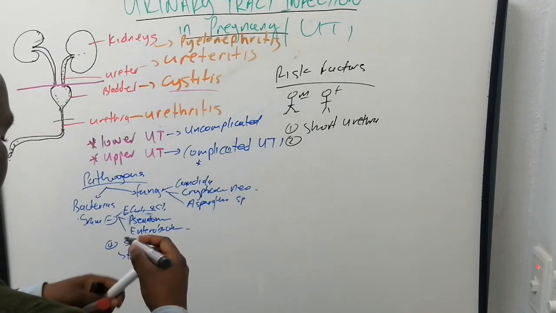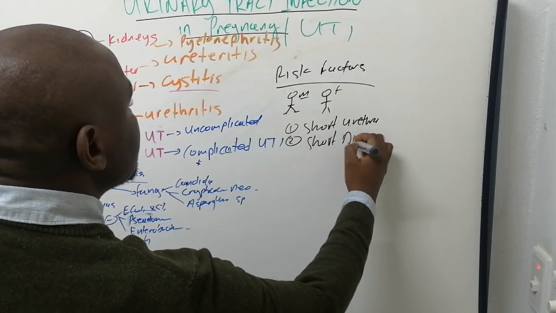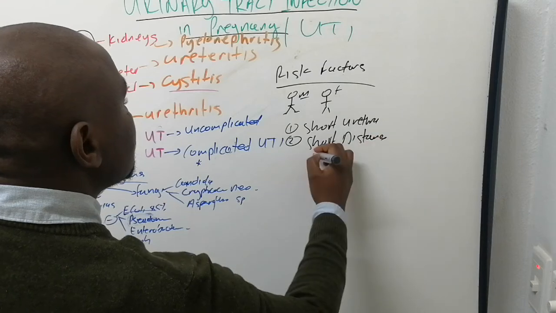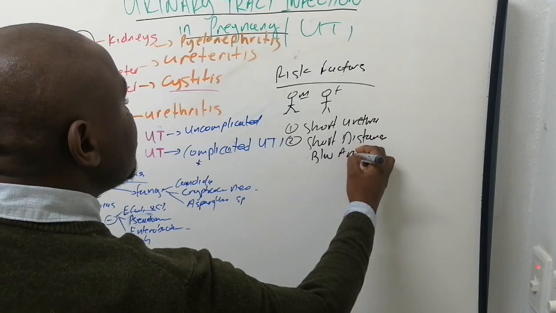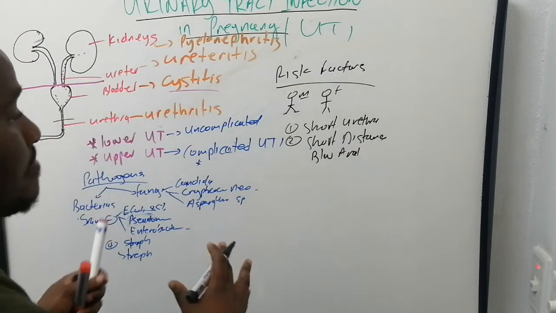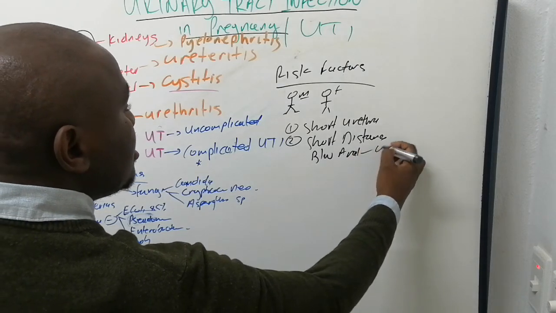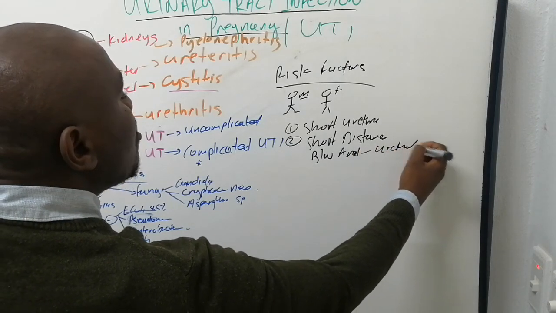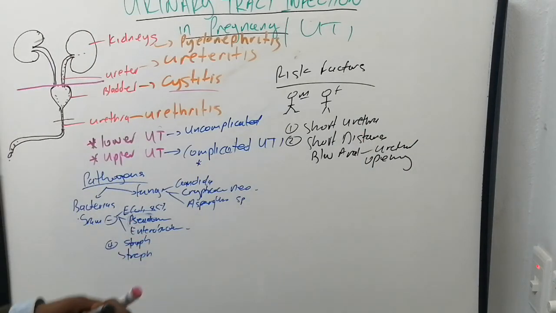So there is a short distance between the perianal area and the urethral opening, right?